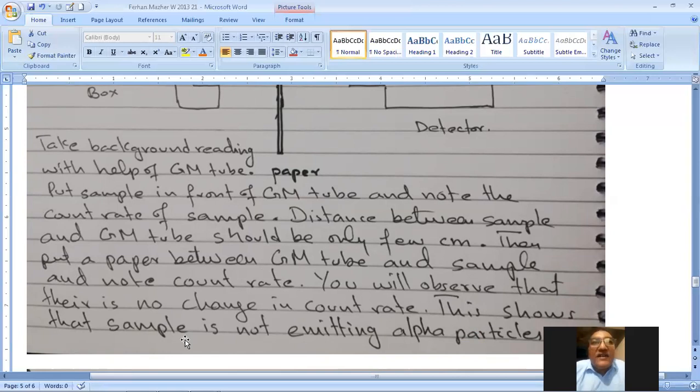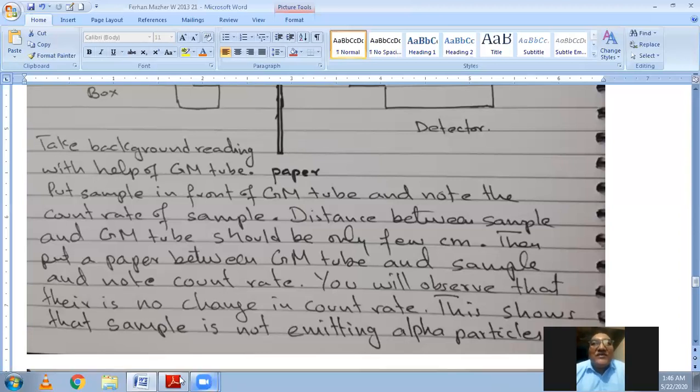You will observe that there is no change in the count rate. This shows that the sample is not emitting alpha particles. I hope that you have understood. The spelling of "their" here, I by mistake wrote the other one there. Please change it. I hope you have understood it.